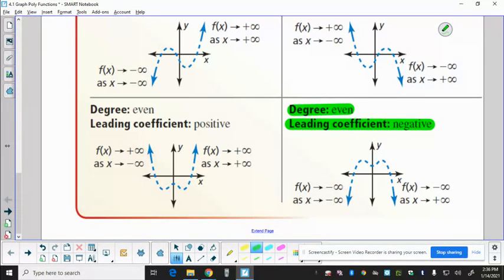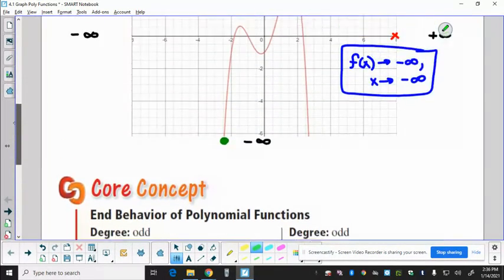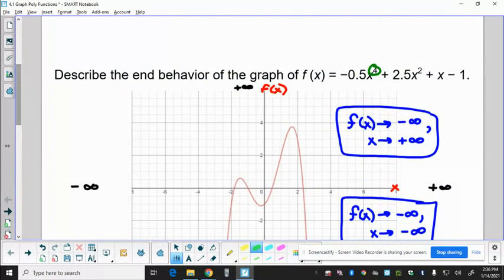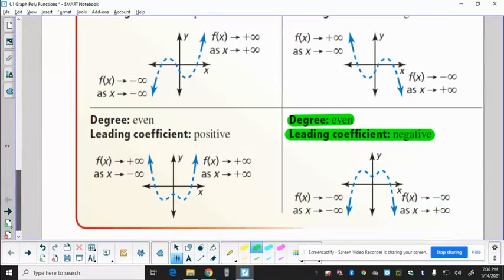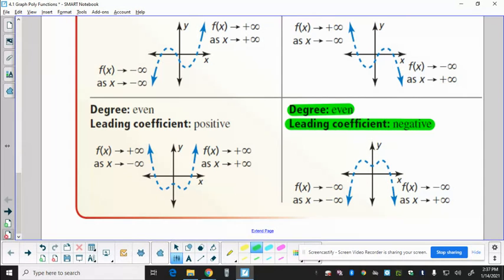So we're starting to learn something about polynomial graphs. And here's a summary for you. If you have a degree that's even and its leading coefficient is negative, it should have a general shape something like this. Maybe not specifically, but more importantly, this is the end behavior.